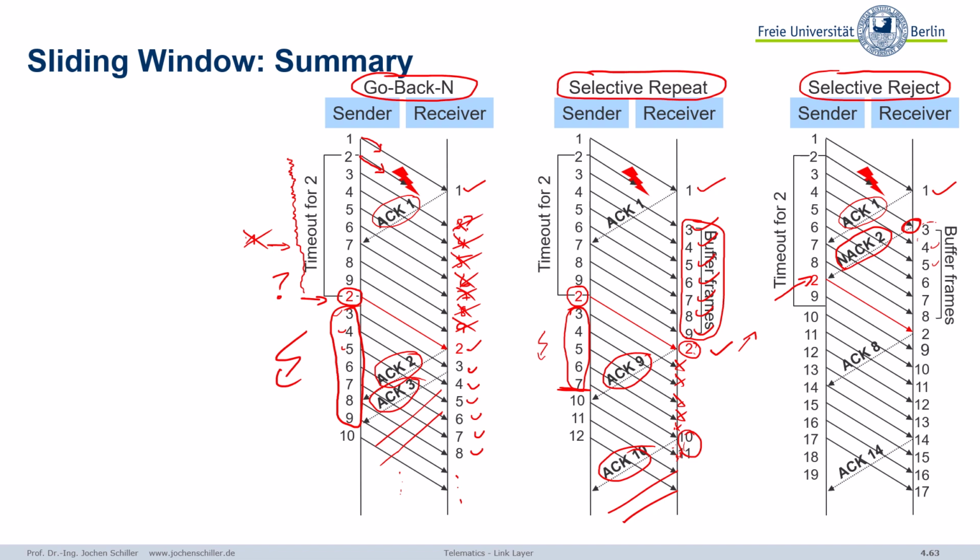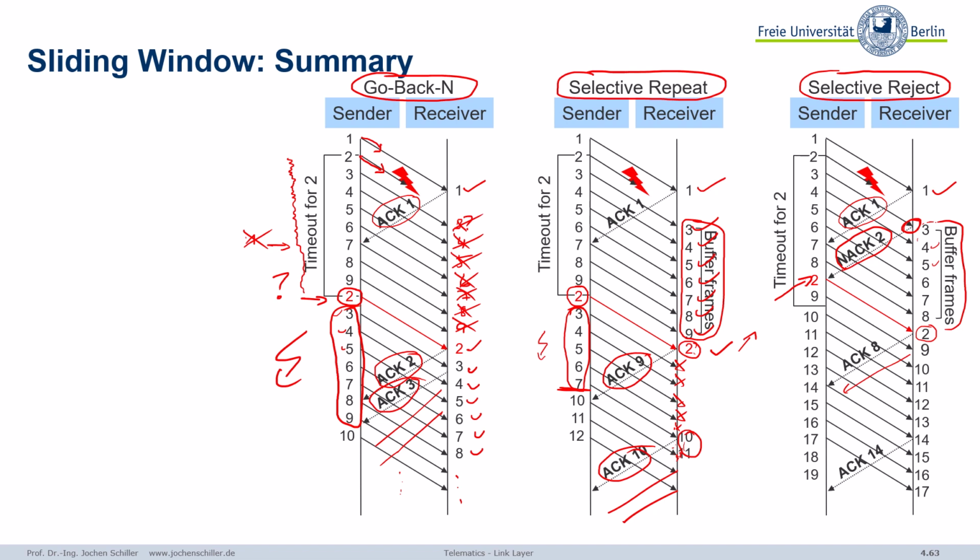In the case of selective reject, we do not have to wait for a timeout, so we are faster. We can now repeat 2, and then we send back the acknowledgements, and also ACK9 and so on. You see, we have to buffer less.